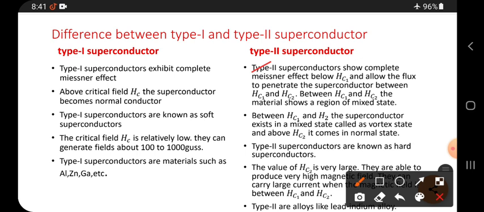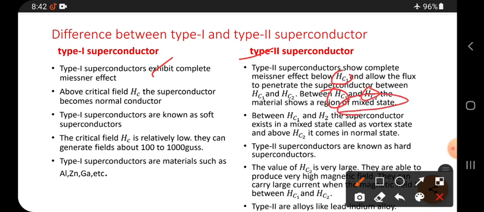Type 2 superconductors show the complete Meissner effect just below Hc1 and allow flux to penetrate the superconductor between Hc1 and Hc2. Between Hc1 and Hc2, the material shows a mixed state.